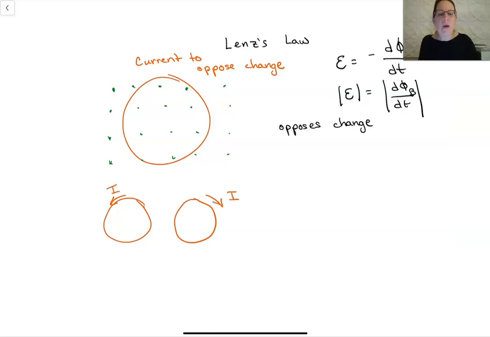And so let's think about what magnetic field you would get inside, what flux you would get generated from its own current. So if I have a current loop like this, I hope you can convince yourself by using your right-hand rule that in fact your magnetic field is going to be going like that.